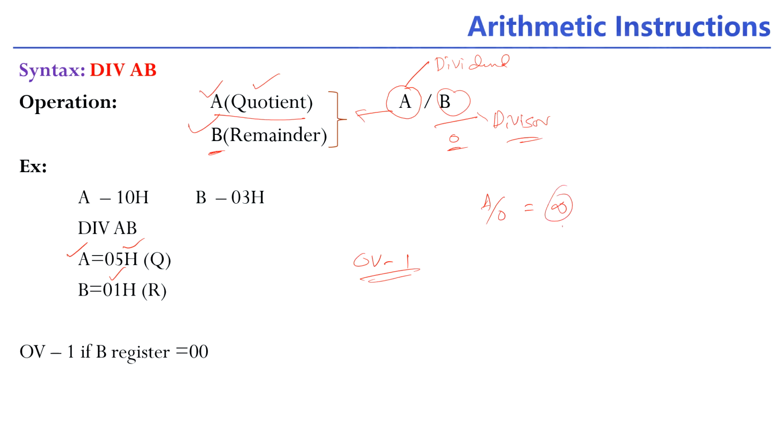So this infinite value we cannot accommodate in A or B. These are the result holding registers A and B. So these are finite registers. This is 8-bit wide, this is 8-bit. So that means this infinite value we cannot accommodate in the A and B registers. So that's where the overflow flag will be set to 1.